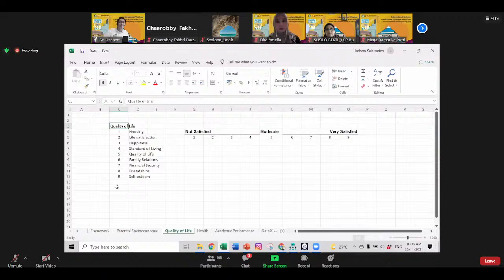You have to justify why you use 6 or 10 or 9 indicators in your latent variable. As I said, here I put 9 indicators, which are actually selected from between 15 to 17 indicators.